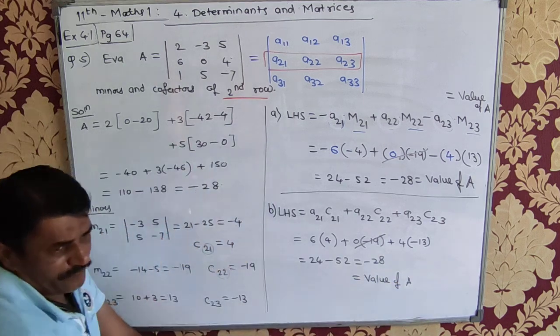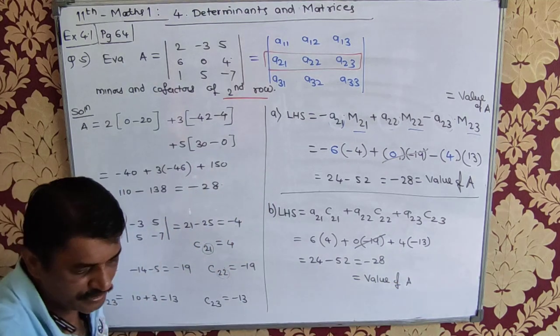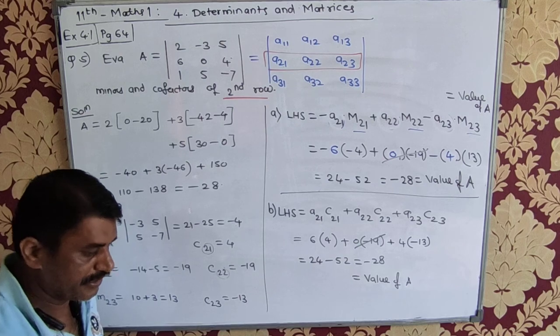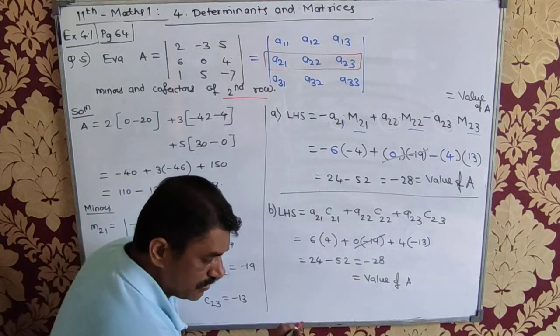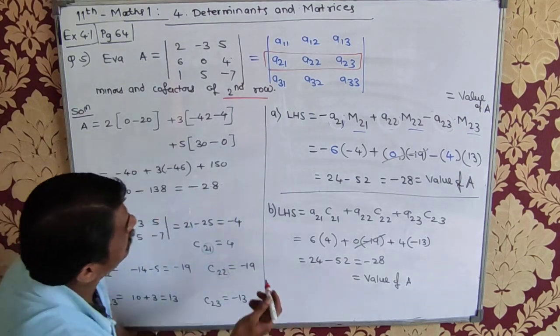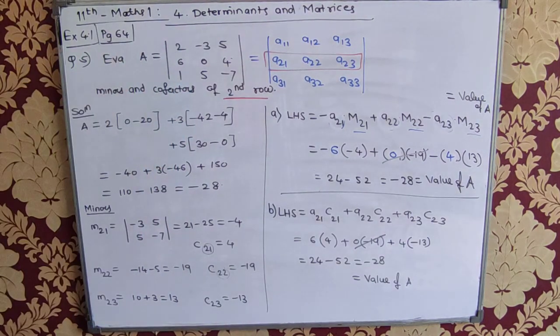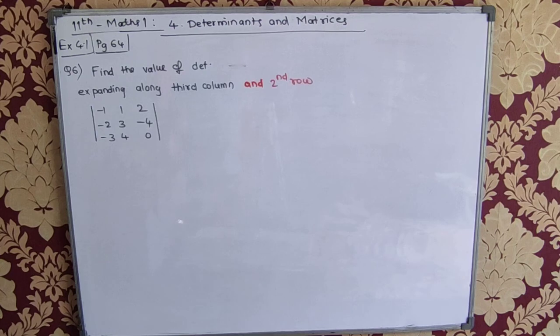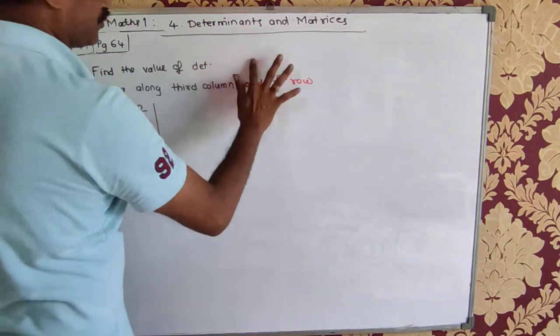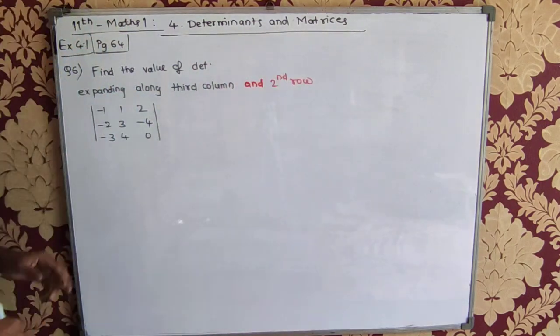Okay. Now let me tell you one very important property of the determinant. You just take this page. We'll go for the next one. Question number 6. Find the value of determinant expanding along the third column. और मैंने ये ऐड किया है उसमें and second row.